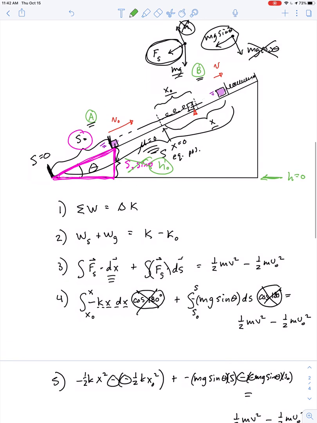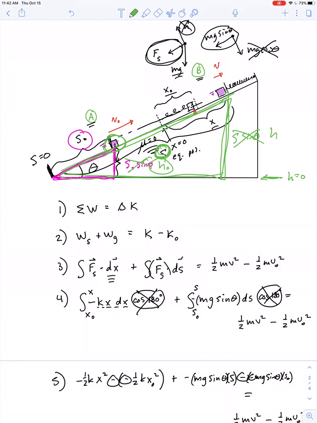And in the same vein, if we look at this right triangle, S is the length of the hypotenuse, so S times sine theta will be nothing more than the final height.